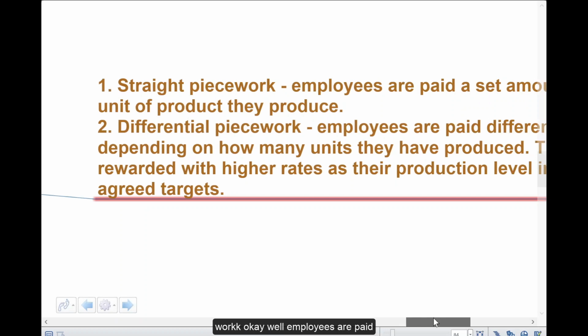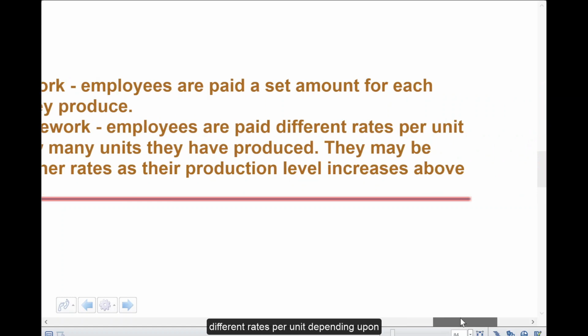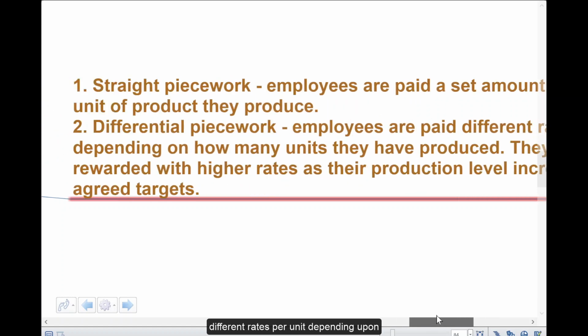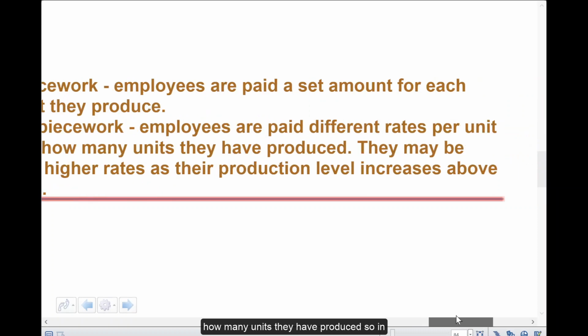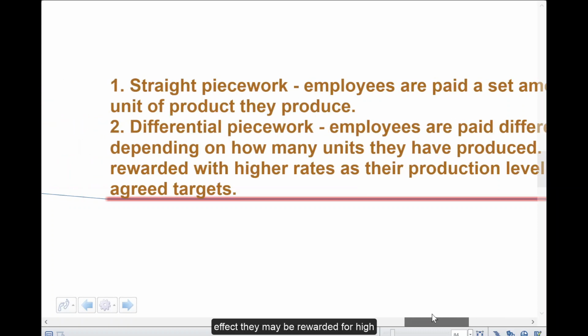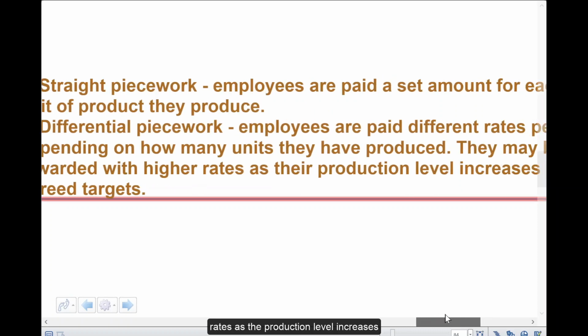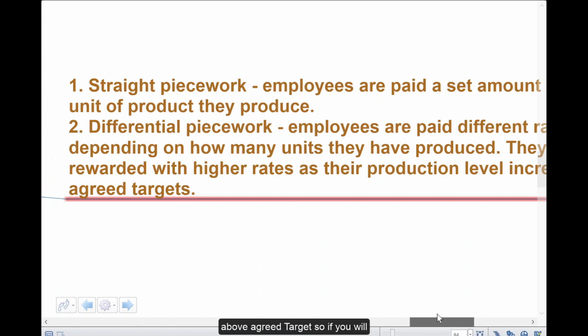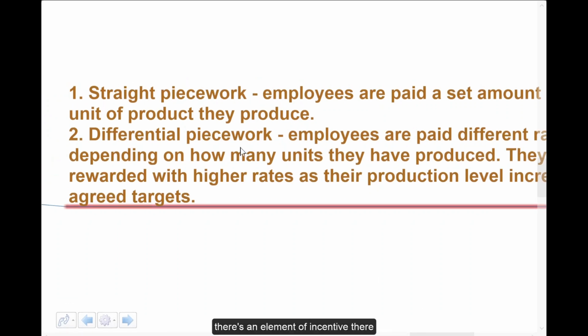Employees are paid different rates per unit depending upon how many units they have produced. So in effect, they may be rewarded with higher rates as the production level increases above agreed targets. So if you will, there's an element of incentive there.